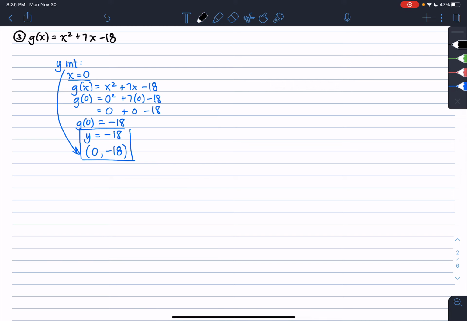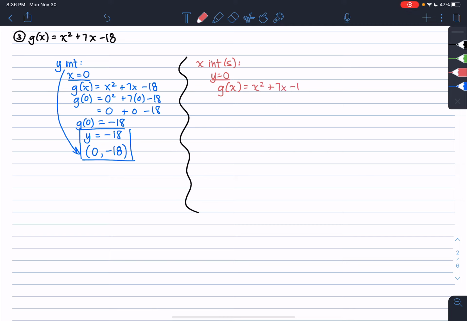All right, now let's check our x-intercepts. So again, I'm going to use y equals 0 to solve. Rewriting the function, we get g of x equals x squared plus 7x minus 18.